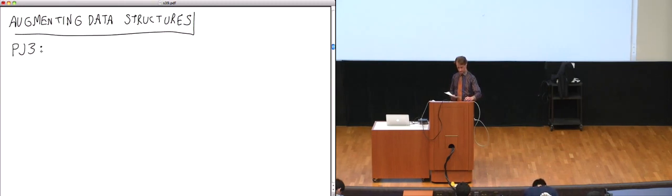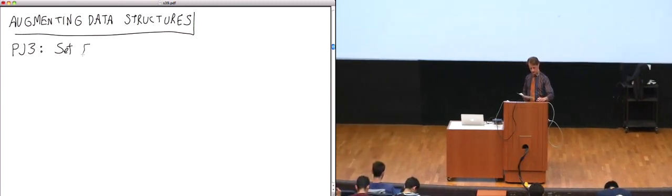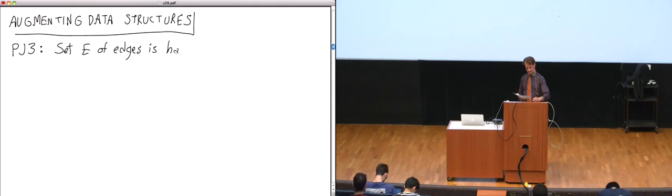And so again, we want to model a set E of edges, and we want to be able to do all kinds of things with that asymptotically fast. So what we did is we stored the edges as a hash table, and we also stored them as an adjacency list.